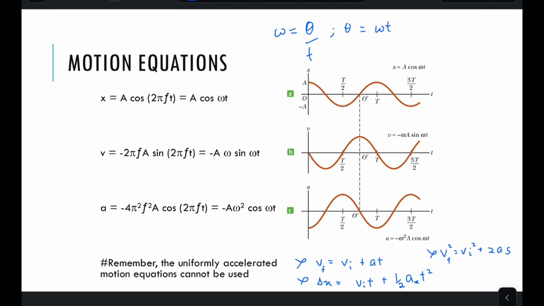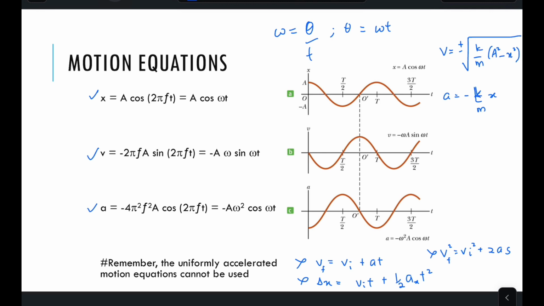Cannot be used. You have to use this equation, or you have to use another one, which is v equivalent to plus minus square root of k over m times A squared minus x squared, square root everything, or a equivalent to negative k over m x.